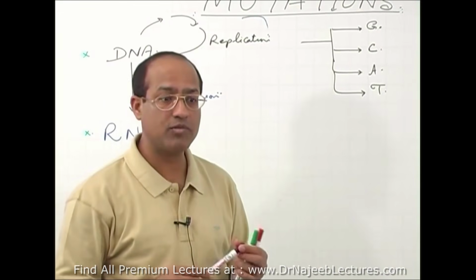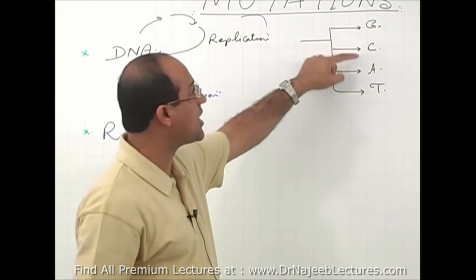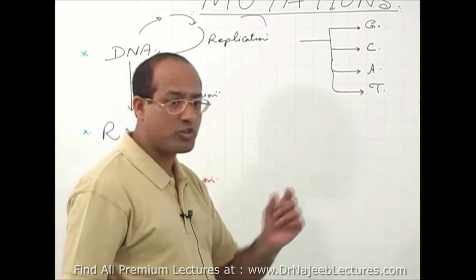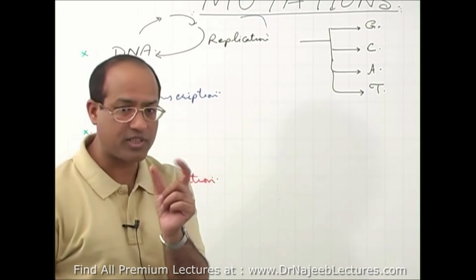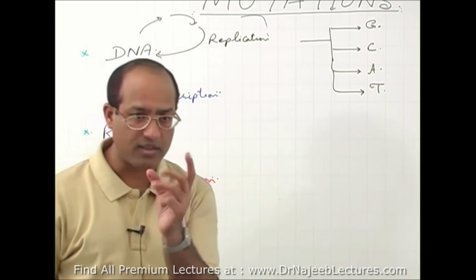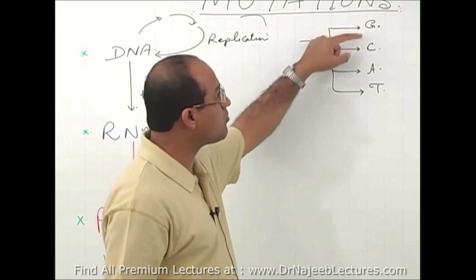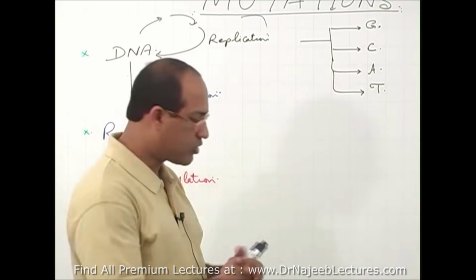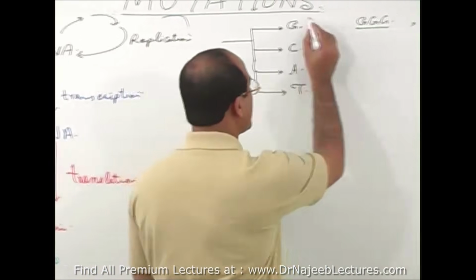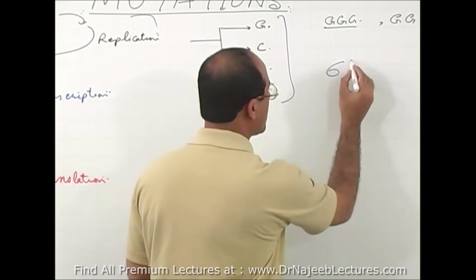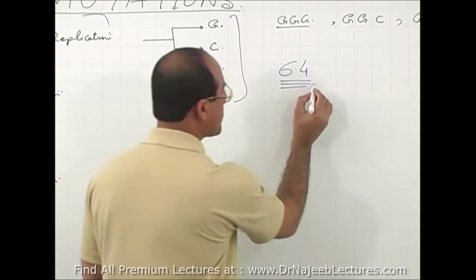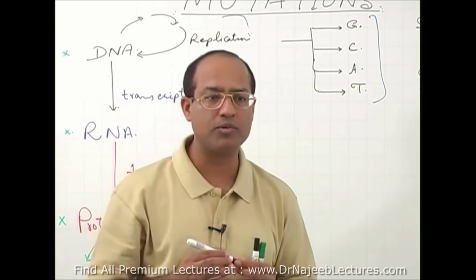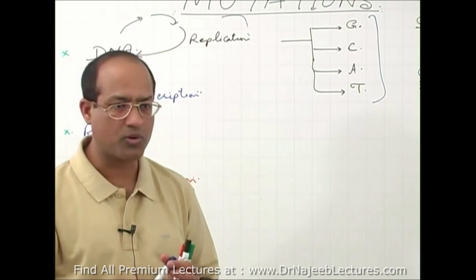When you have 4 basic alphabets and you are supposed to make special genetic words or triplets, every genetic word is a triplet, and you have to make all the possible combinations of triplets out of these 4 letters. The total number of triplets which result will be 64, right? Total triplets which can be formed is 64, right?